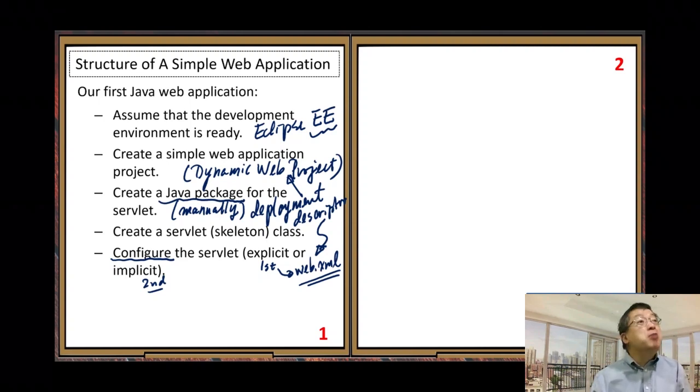But there is another, implicit configuration. Implicit configuration means the detailed configuration part is omitted. It's hidden. You cannot see it. But internally, inside the Java web server Tomcat, that part will be generated automatically. But you need to do something.